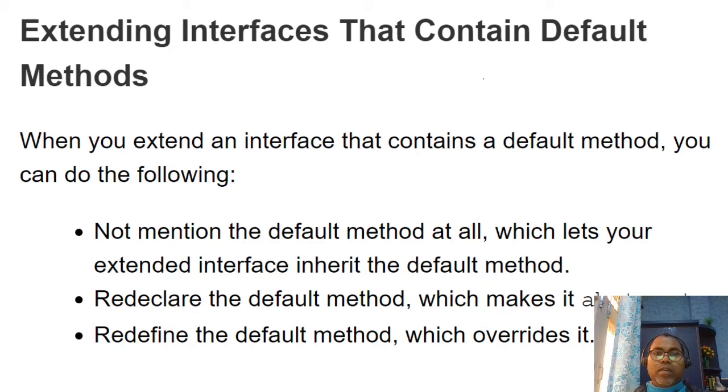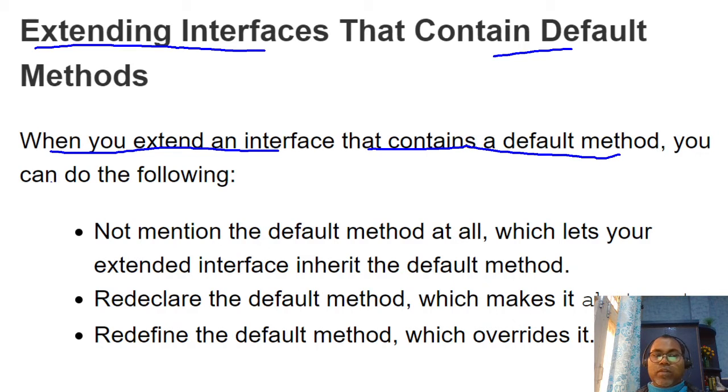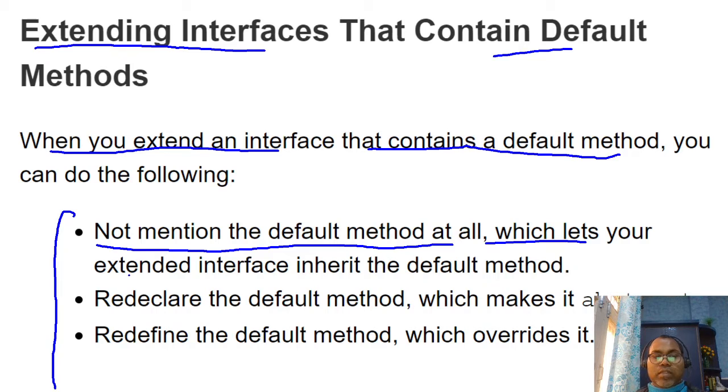And similarly, if one interface extends another interface that contains a default method, what is the behavior? When you extend an interface that contains a default method, you can not mention the default method at all, which lets your extended interface inherit the default method.